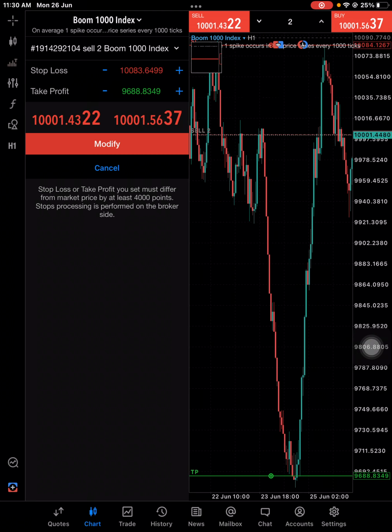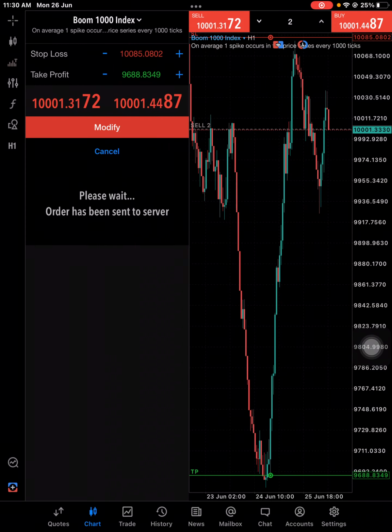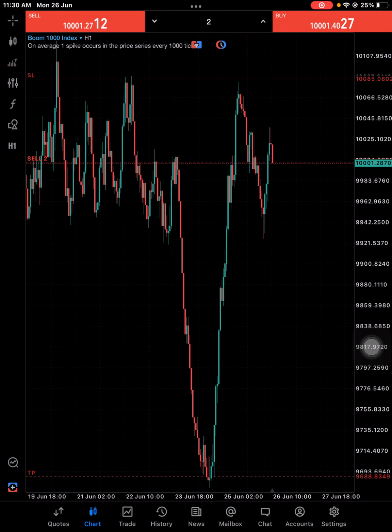So I want to return my stop loss to here, which will be the correct level. When I was setting on 4 hours, I did not set it at the correct level. Since this is the previous high, this is what we expect on Boom 1000.